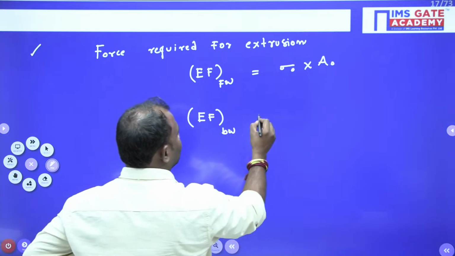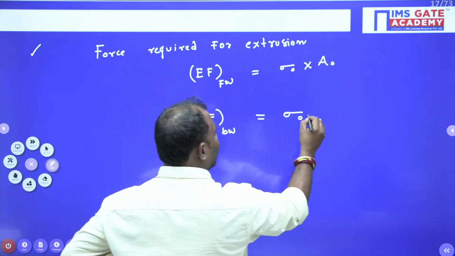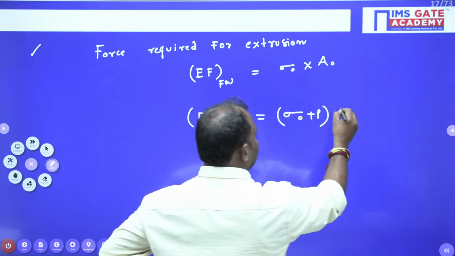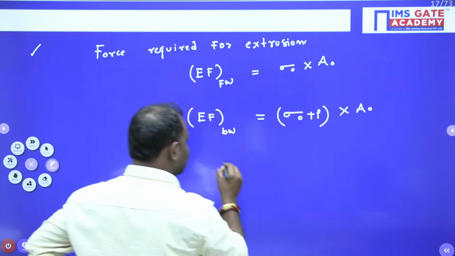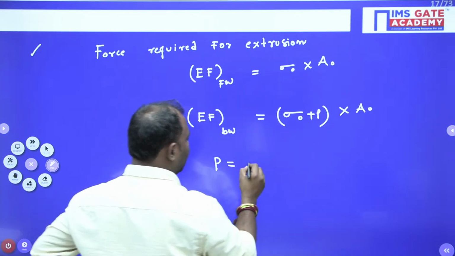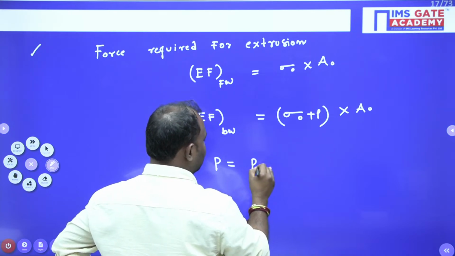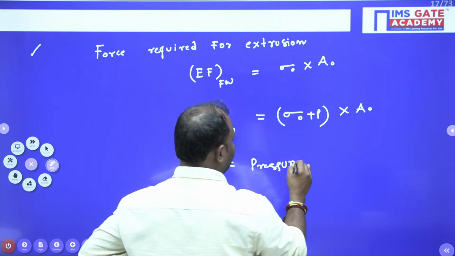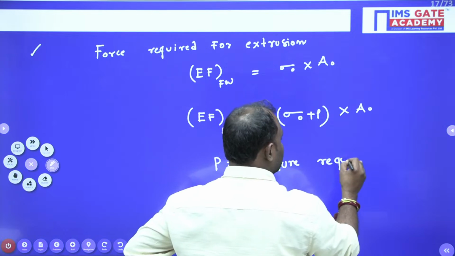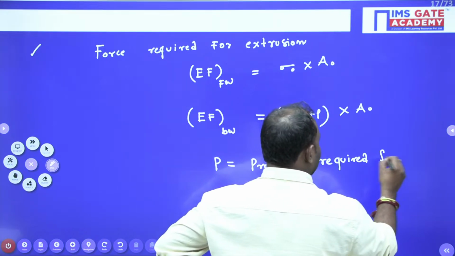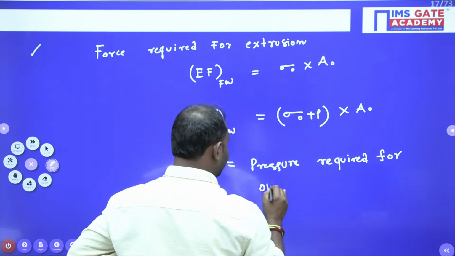Okay. Now for the extrusion force for backward extrusion, we require some additional force, P into A naught, where P is the pressure or force required for overcoming friction.